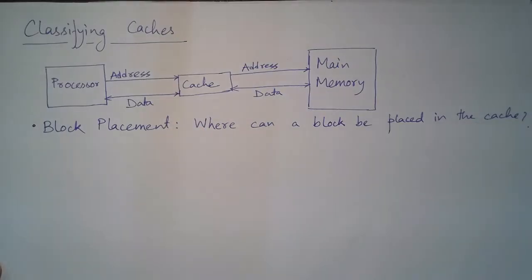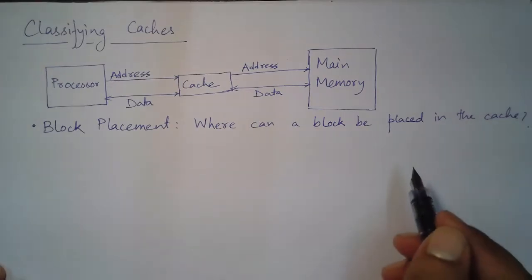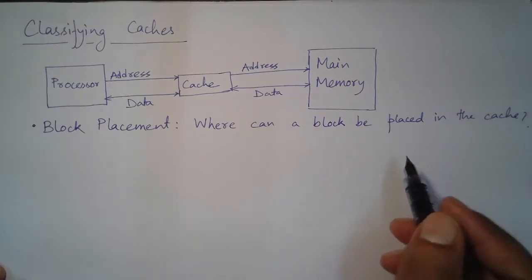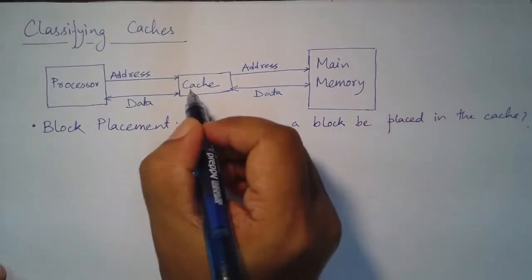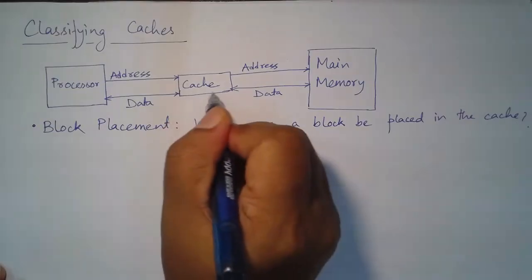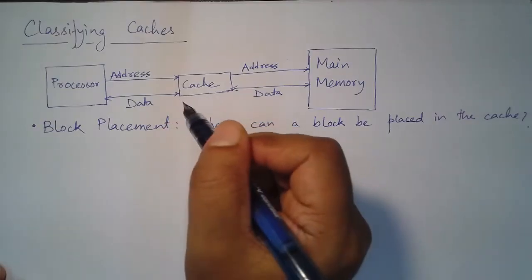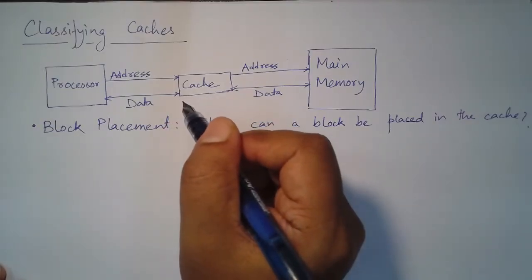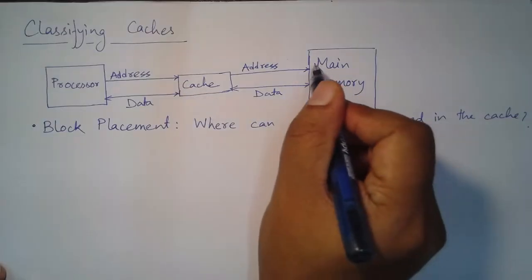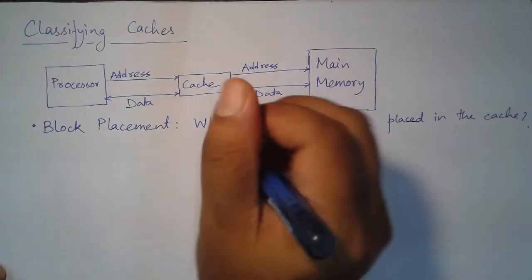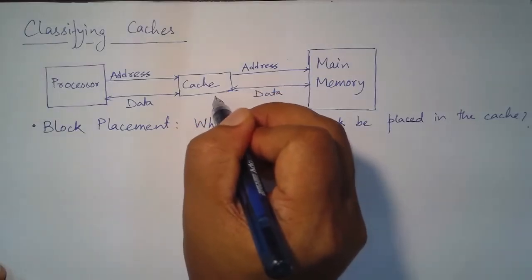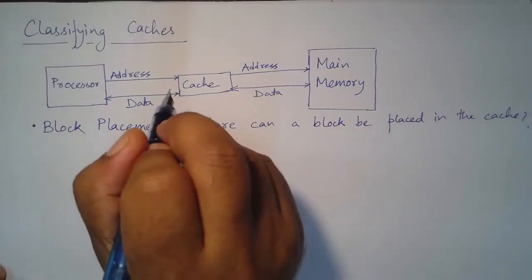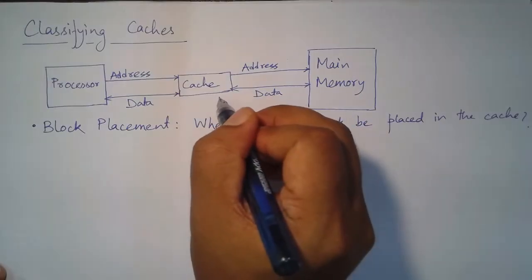For example, at a very top level, if I can bring a block from main memory and put it anywhere in my cache, then that can be one type of cache. If I restrict that, so that the block you are bringing in has to go in a particular designated location in the cache and cannot go anywhere else, then that can be a different kind of cache.